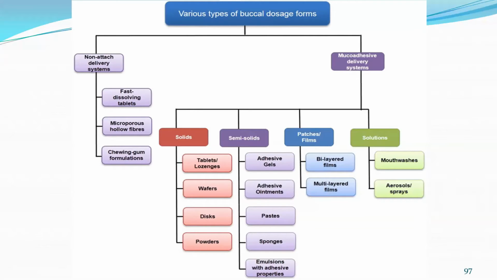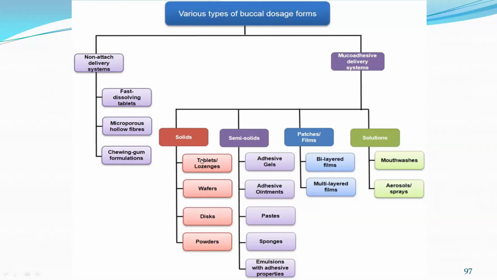Two classifications are there. The non-attaching delivery systems include fast dissolving tablet, microporous fibers and chewing gum. Many of you have got the habit of having chewing gum, and the same can be applied here also.